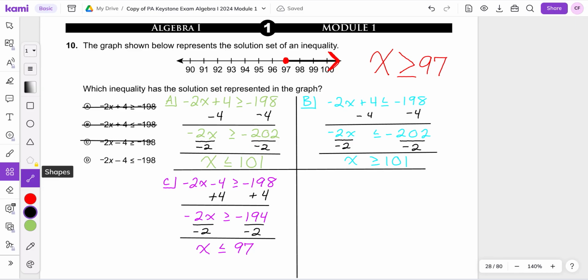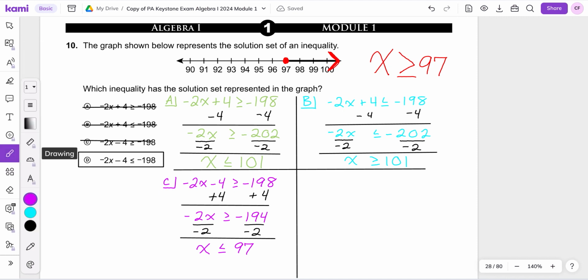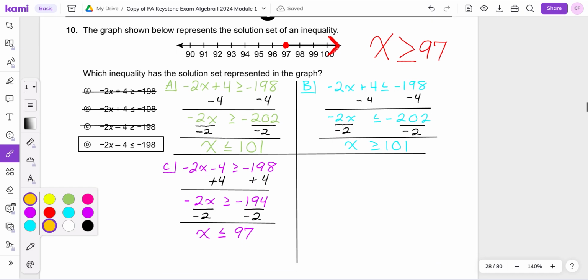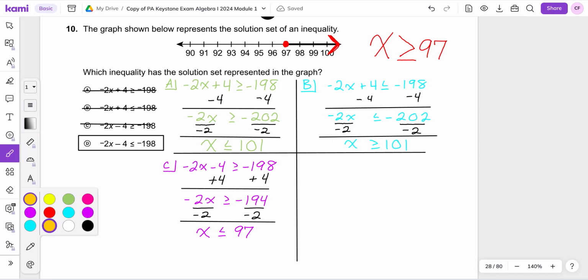Now, while process of elimination tells us that D has to be the correct answer since A, B, and C were wrong, a good test-taking practice is to still test it to make sure we may or may not have made mistakes elsewhere. So part D now, just testing it, negative 2x minus 4 less than or equal to negative 198.